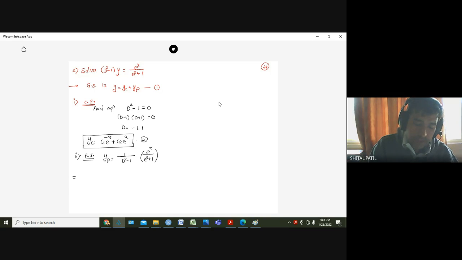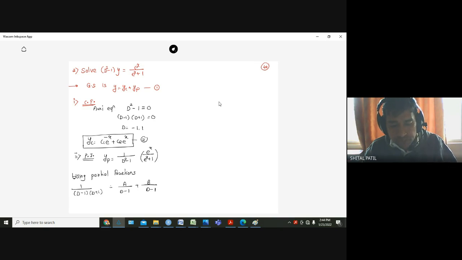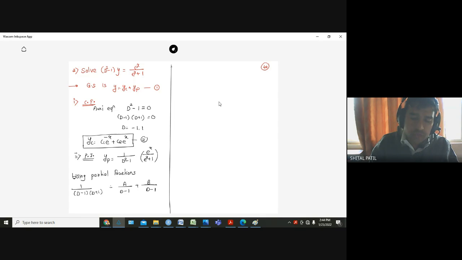How will we do this? Partial fractions, everyone knows, right? Anyone know? Diploma students, you studied this in M1 only. And the regular students, they studied this in I think 5th standard.